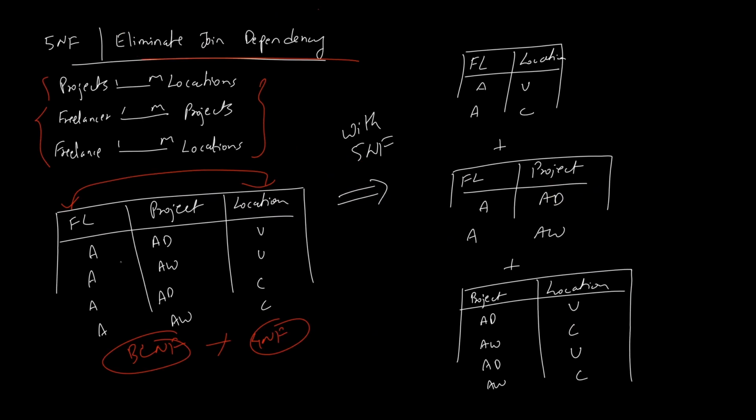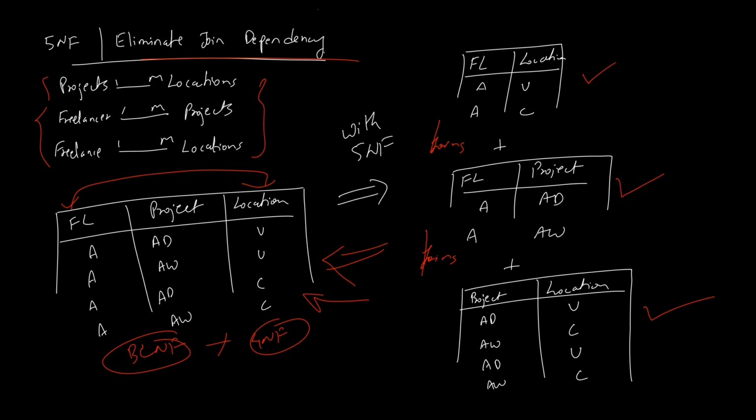Now over here, the idea is that with joins between the relations, we want to result in this table again. We have to make relations such that we have freelancer location, freelancer project, and project and location. Now if I do a join between these three tables, I can get my original table back.